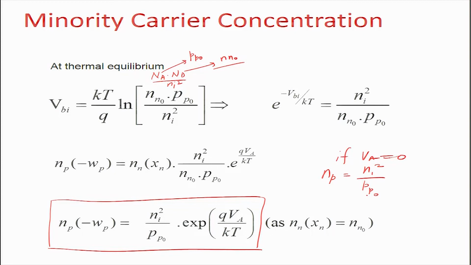So basically, I have got the concentration of minority carriers in terms of bias that is applied. So Np(-Wp) is equal to ni square divided by Pp0 into exponential of qVa by kT, and I can see that if I increase the applied bias, then my minority carrier concentration also increases exponentially, which means my current should also increase exponentially. I am seeing a trend here.